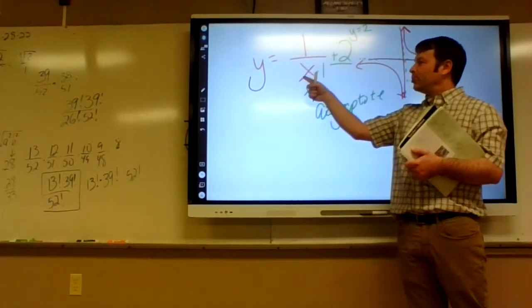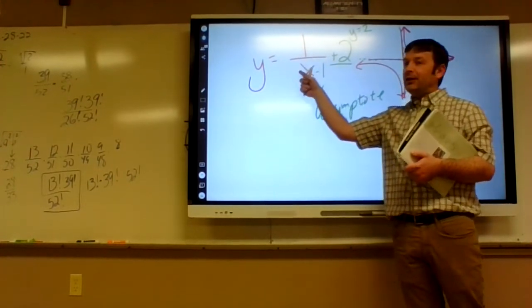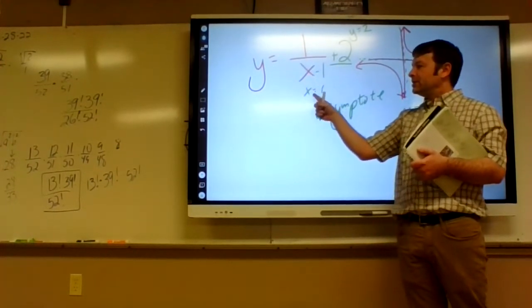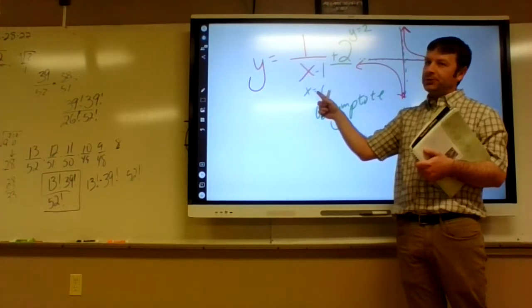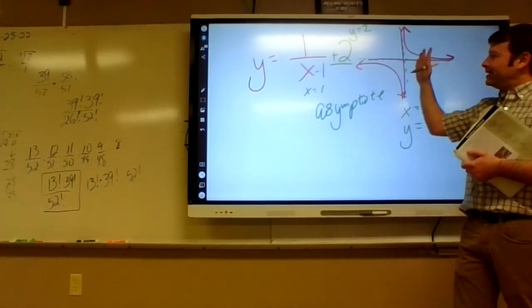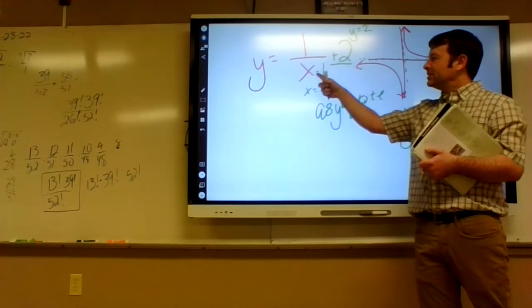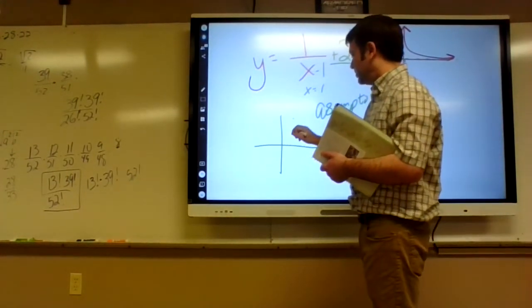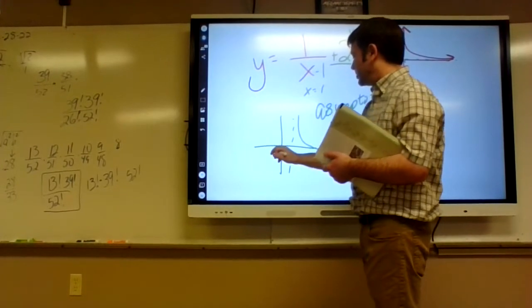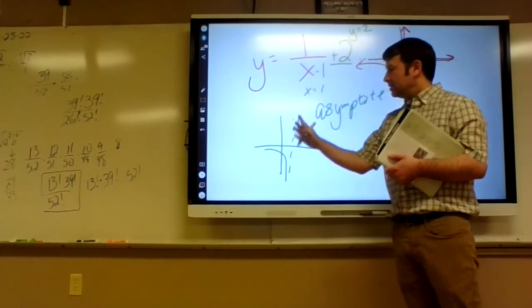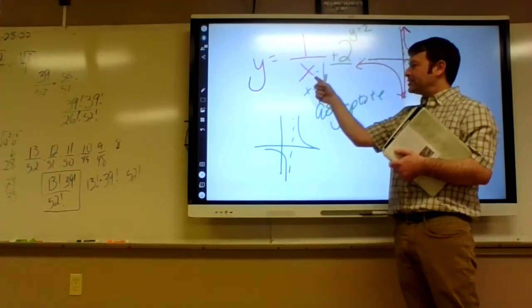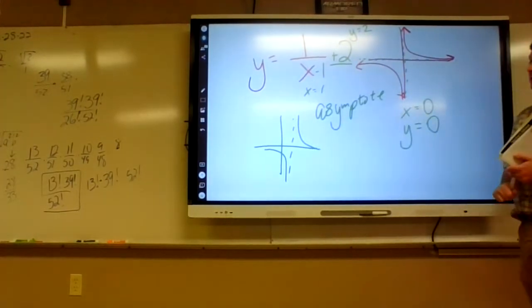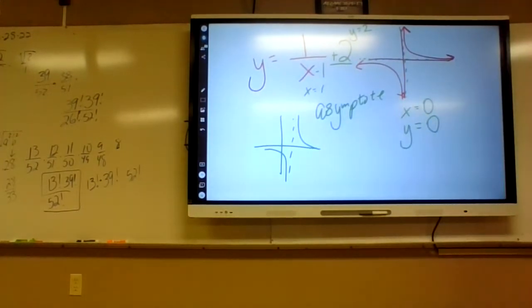So basically, whatever x value makes the denominator 0 is going to be the vertical asymptote. Because it can't equal this, so there's going to be nothing happening at x equals 1. Like there's a line right there, nothing's happening there. Because it makes the denominator 0, that's a no-no, that's why it's a vertical asymptote. Nothing's happening on the graph at x equals 1.